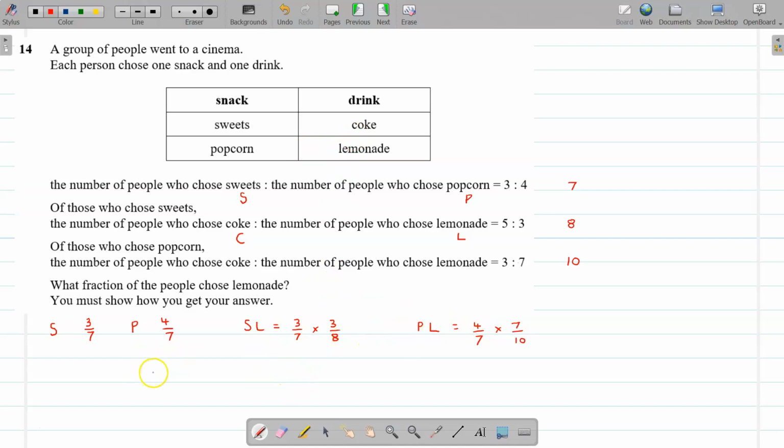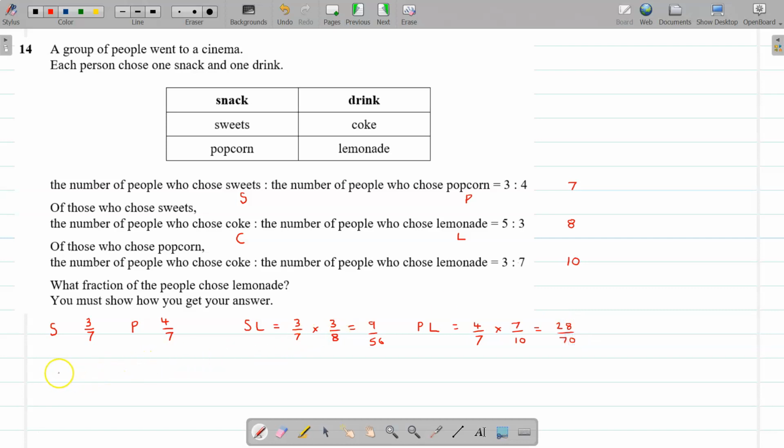So the fraction that I need is basically these 2 added together. So that comes to 9/56. Okay, and this one here comes to 28/70. Okay, there's no need to cancel them down. Put them in the calculator.